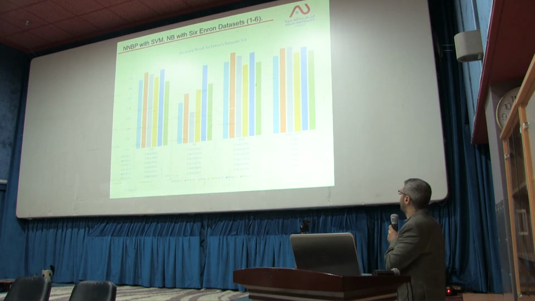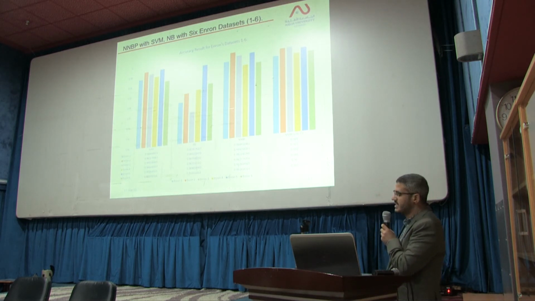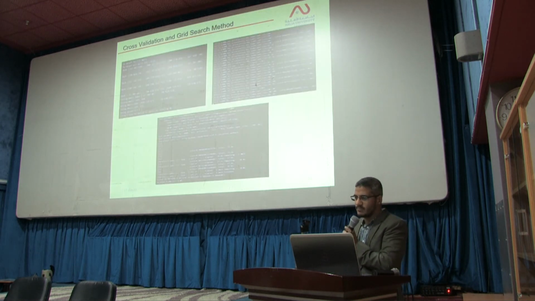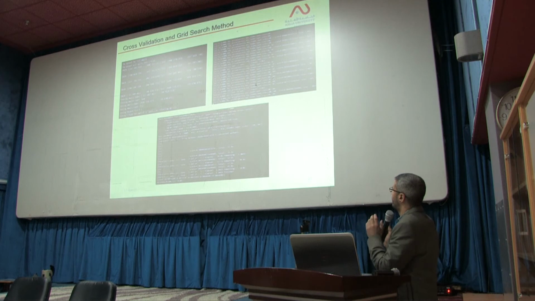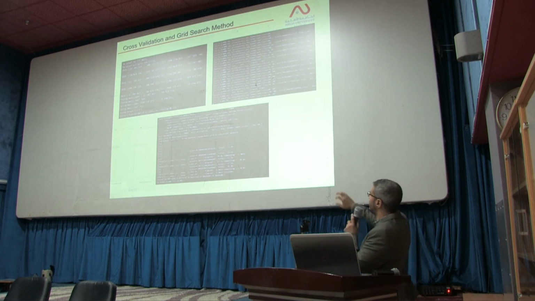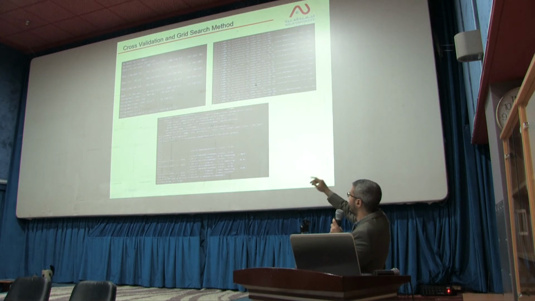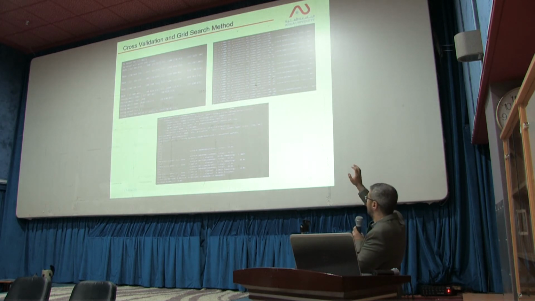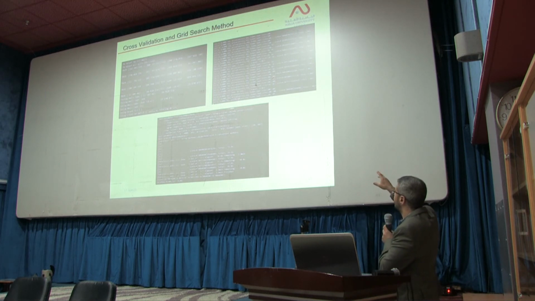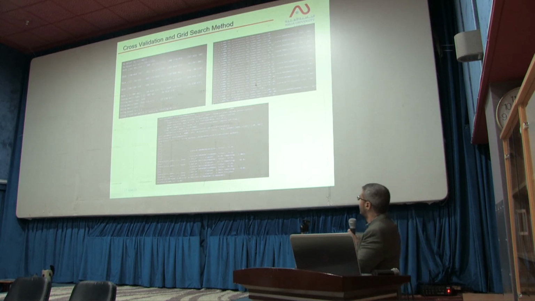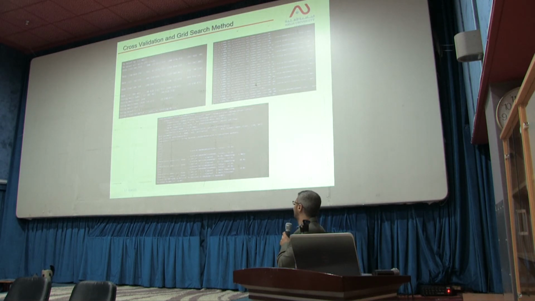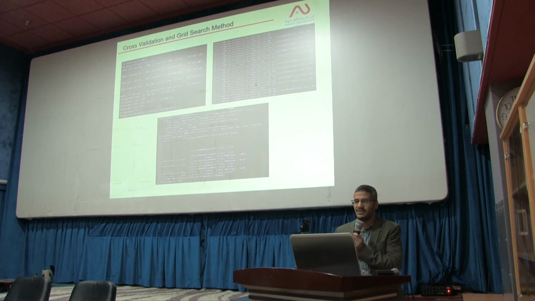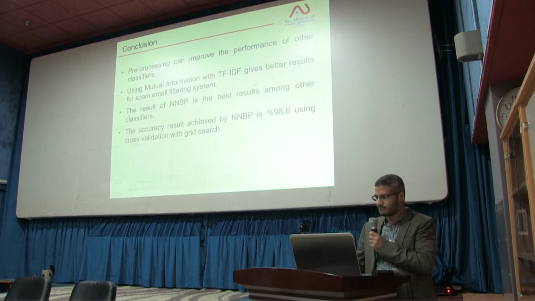Now, neural network backpropagation achieved better than the other classifiers, I mean naive Bayes and support vector machine. This is from the system where the data set is distributed among training and testing sets with the cross-validation. And right on the top, the classifier is searching for the best parameters using a grid search. The screenshot below shows the accuracy result of 98.6.